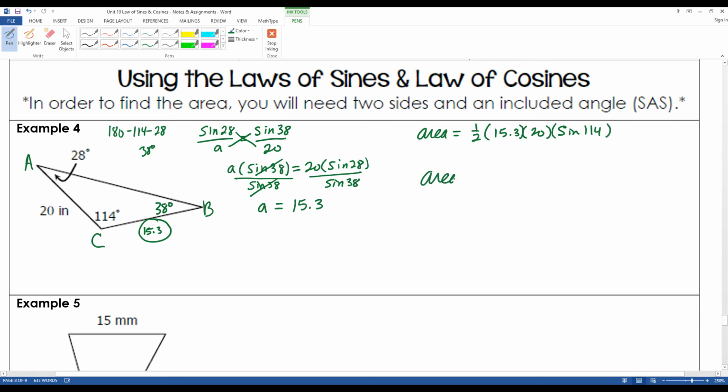The area is equal to sine of 114 times 20 times 15.3 times 0.5. That is 139.8. And what is our unit of measurement? Inches. So square inches. All right.